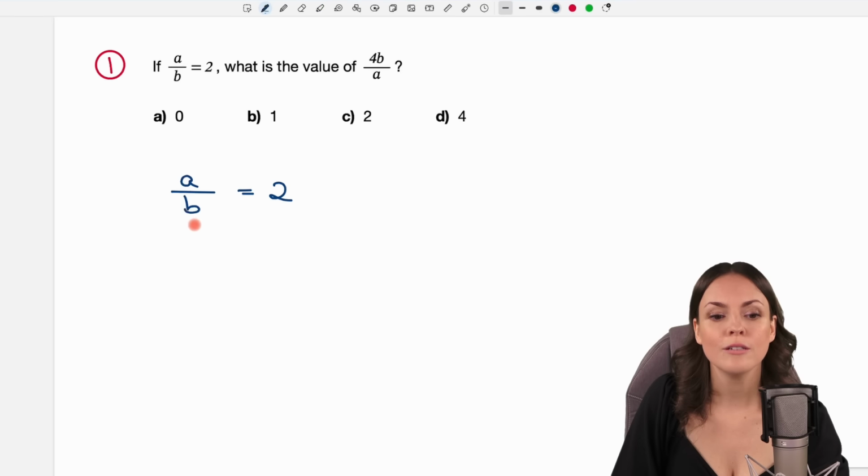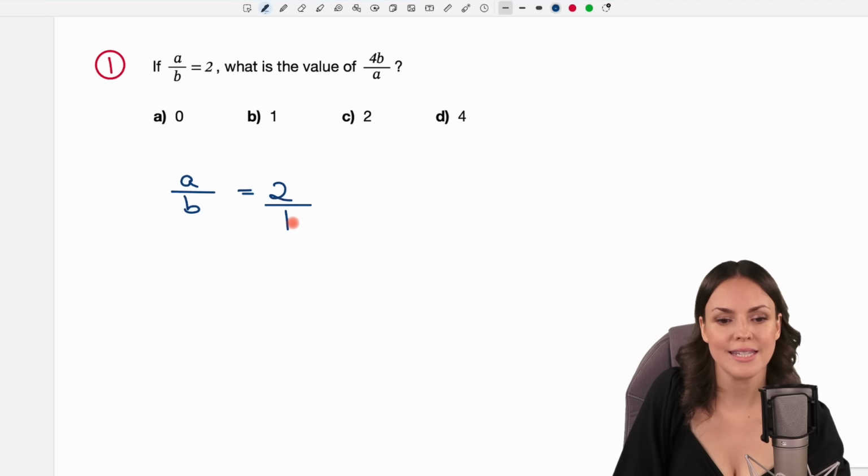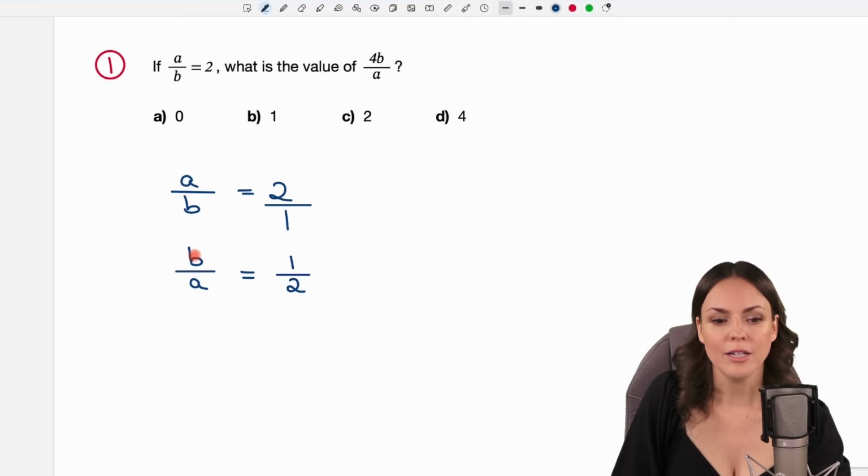So we could flip both sides of this equation so that we get closer to this expression here. We can write the 2 as a fraction as well, so that we have 2 over 1. And if we flip both sides now, we have b over a on the left side, and here we have 1 over 2. Okay, now we have b in the numerator and a in the denominator.